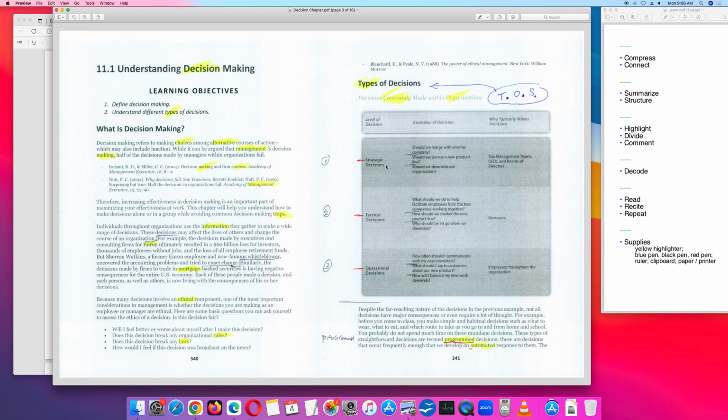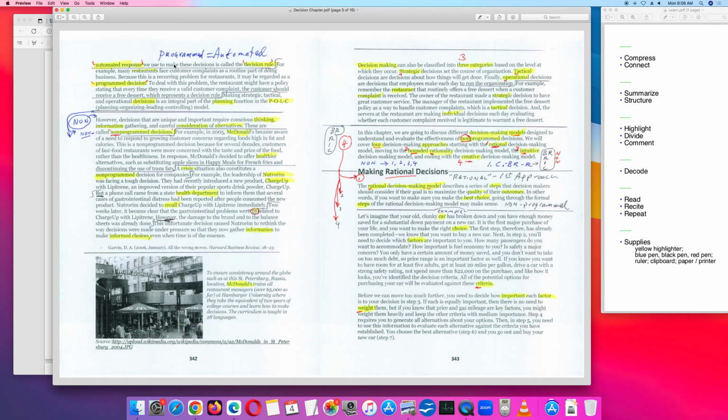Top level CEO, strategic; middle managers, tactical; frontline workers, operational. Then the second category should be programmed and non-programmed. So it goes from programmed to non-programmed. So then I drew a line here that says this is a major break. All right. And the next major break is on 343 on the right side of the page.